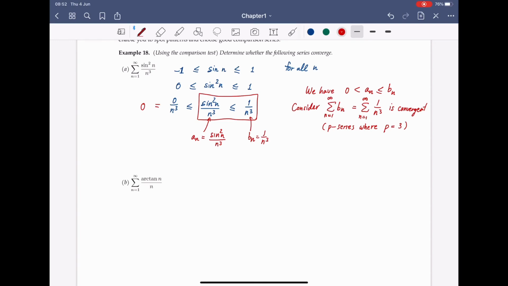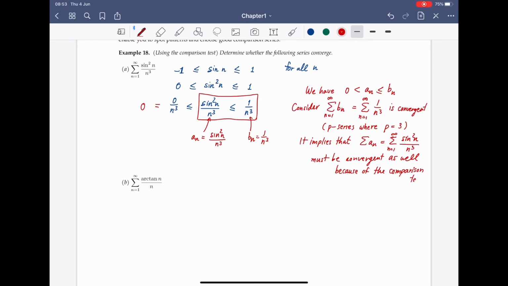So the summation of bn converges. So it implies that the summation of an, which is the summation of sine square n over n cube, must be convergent too, because of the comparison test. And that is how we use the comparison test.